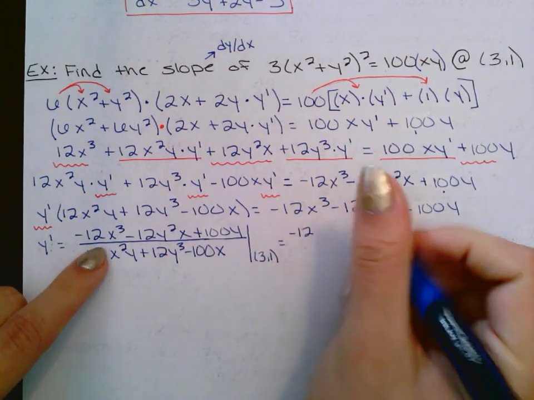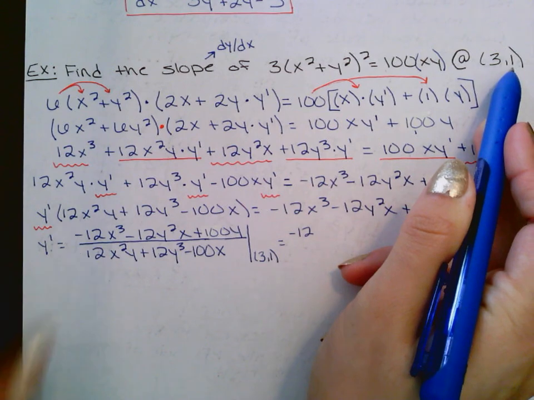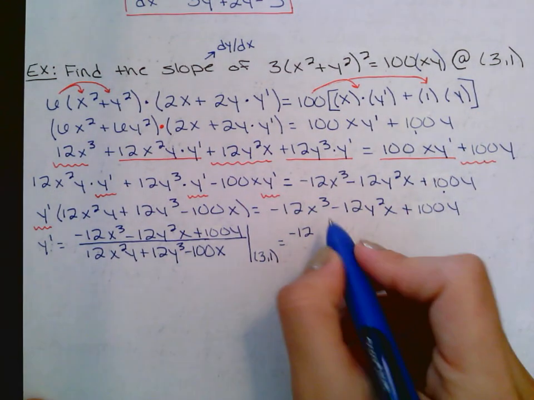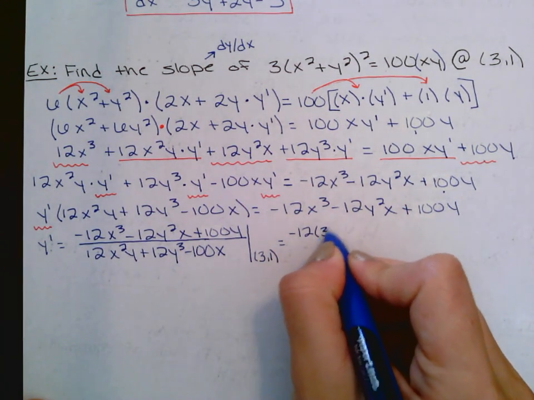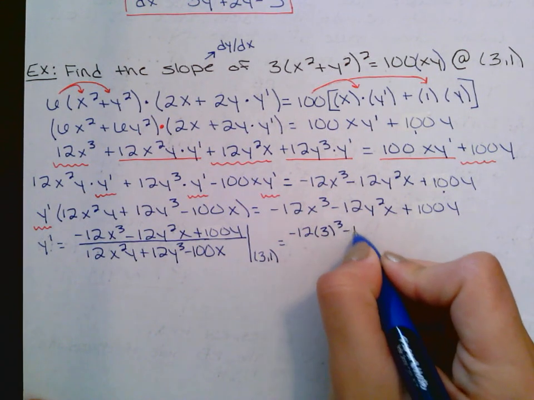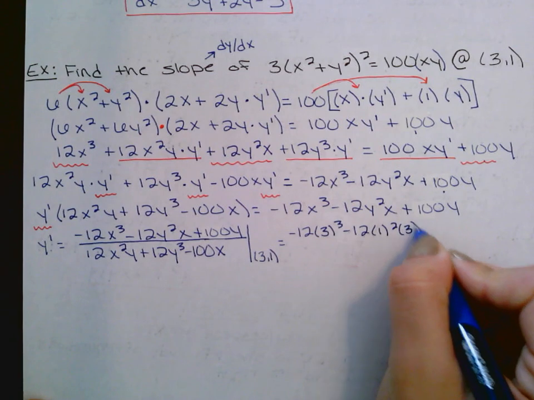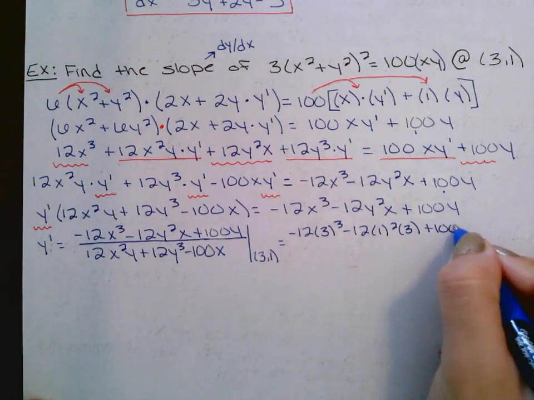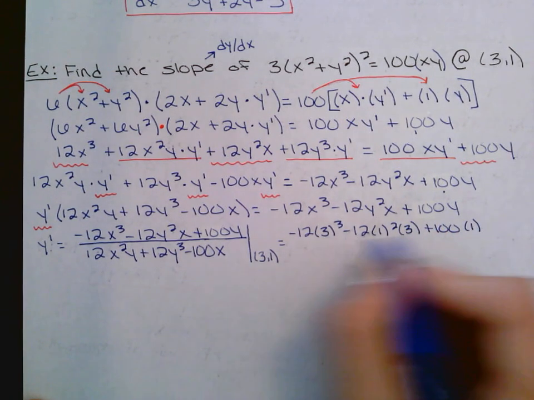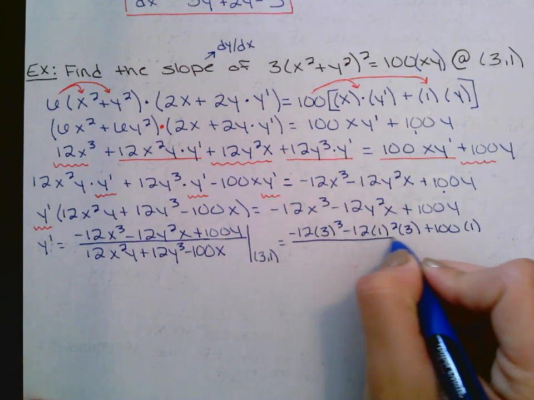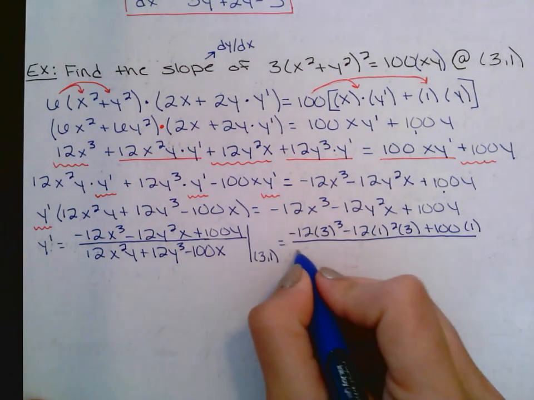Anytime you see an x, you're going to put a 3, and anytime you see a y, you're going to put a 1. And we're going to plug all of this right into our calculator.